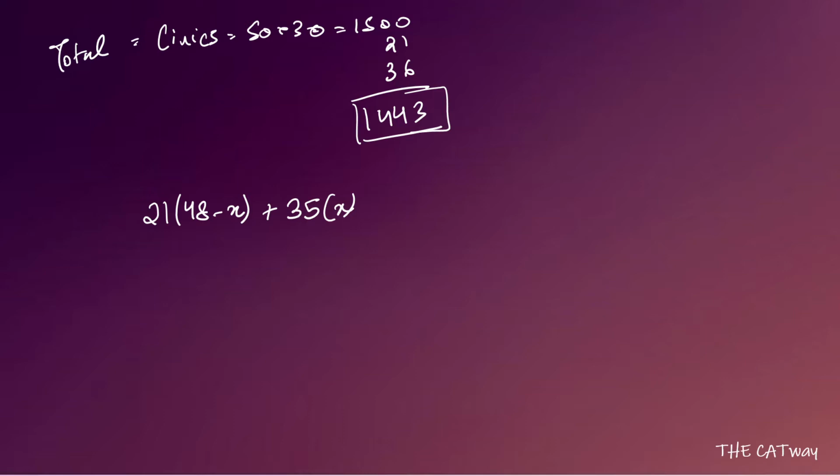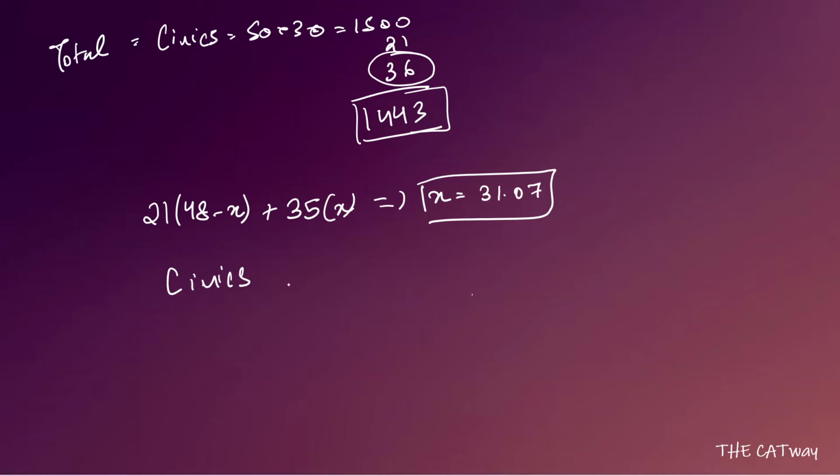If we solve this, the value of x comes out to be 31.07. Also, the first student who got the highest marks got 36, so he also got more than 35 marks. So from civics in class 7th, there are 31 plus 1, that is a total of 32 students who could have got at least 35 marks.